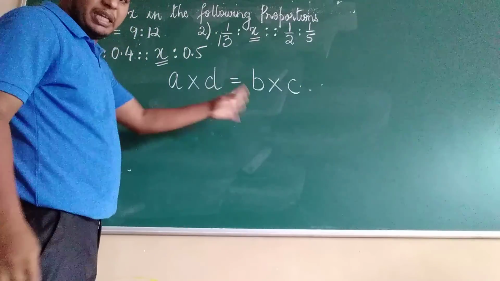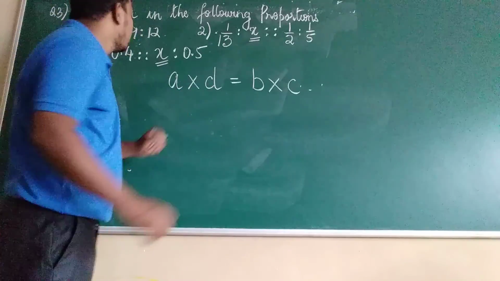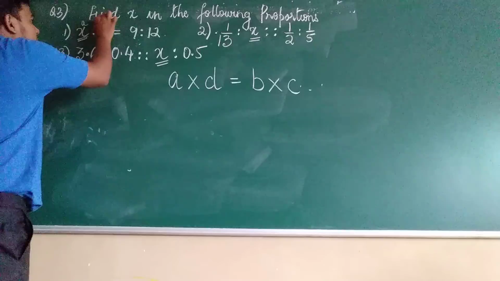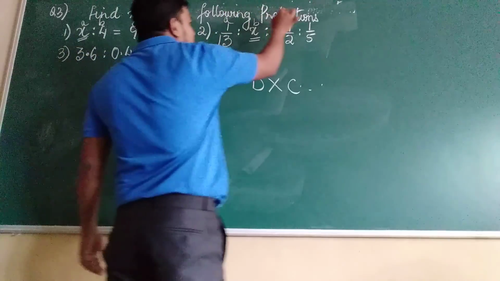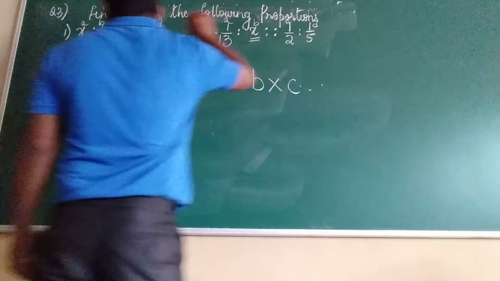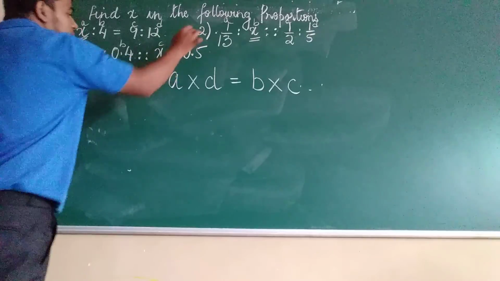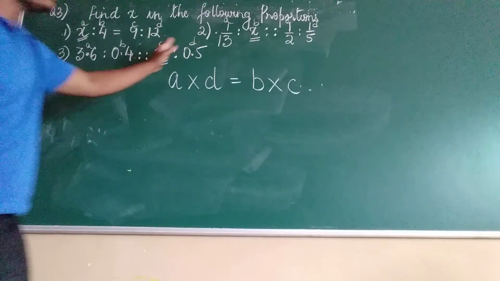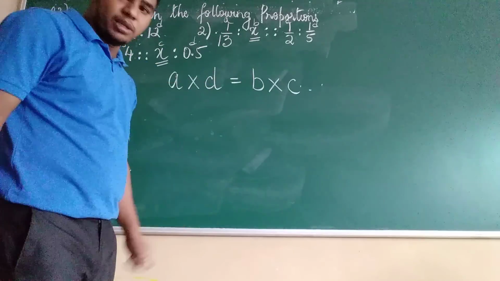What are this a, d, b, c? They are nothing but the terms. So we have a, b, c, d. Similarly, this is a, this is b, this is c, this is d. So first thing you have to do is write your ABCD on the problem. Then it will be easy for you to solve the problem.